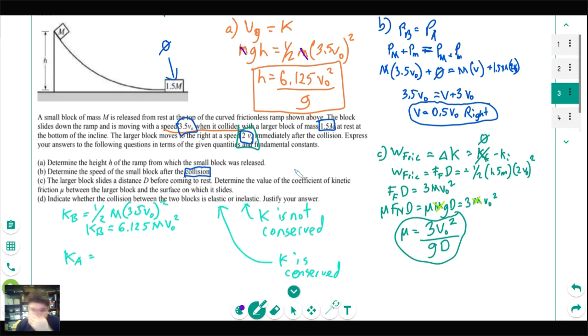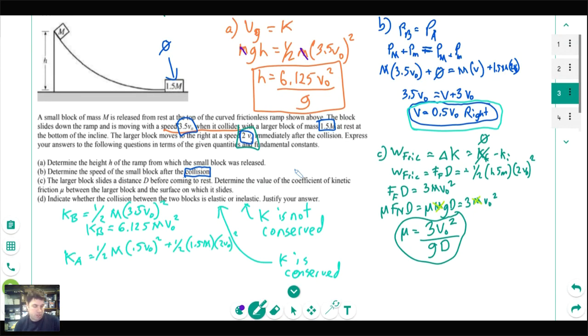Okay. Afterwards, we now have two objects we're concerned about. The big block, the 1.5 m, and the little block, which still has some velocity going on afterwards, so it has kinetic energy as well. So this will be 1/2 small block m times 0.5 v naught squared plus 1/2 1.5 m big block times 2 v naught squared. So let's see. A half squared's a quarter, half of a quarter's an eighth.